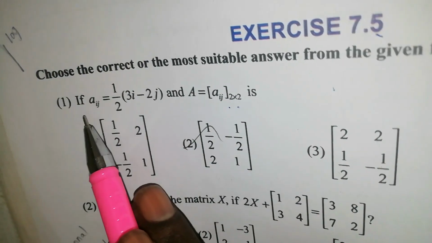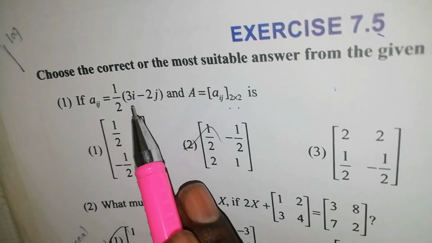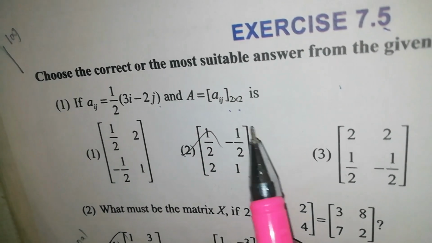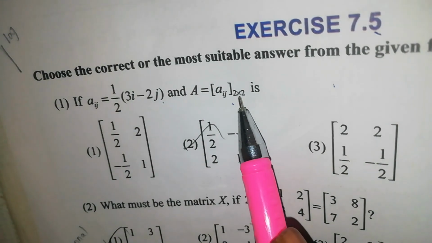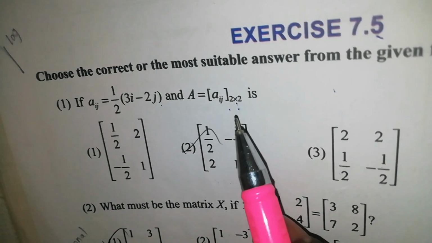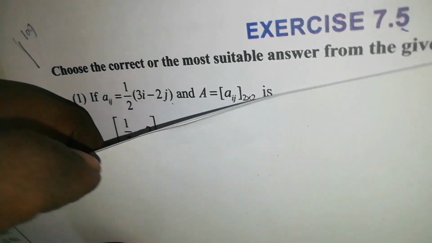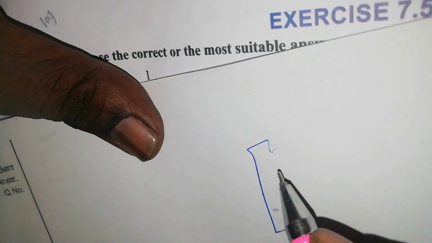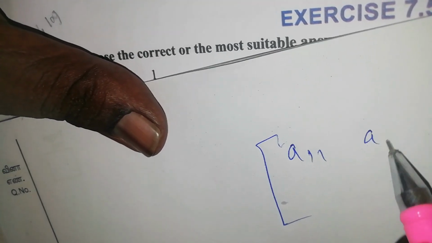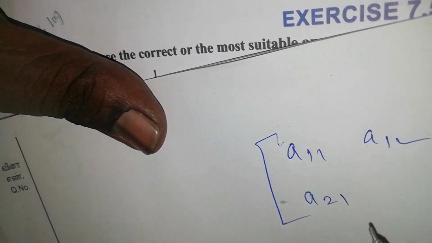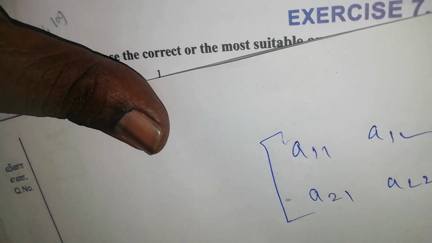For example, here Aij equals 1/2 times (3i minus 2j). They are asking for a 2 cross 2 matrix. What is the 2 cross 2 matrix? A11, A12, A21, A22.